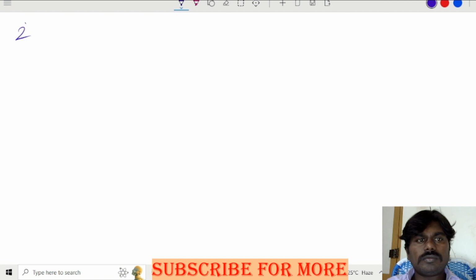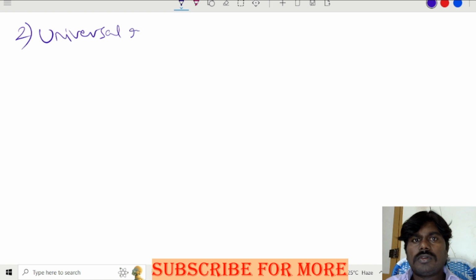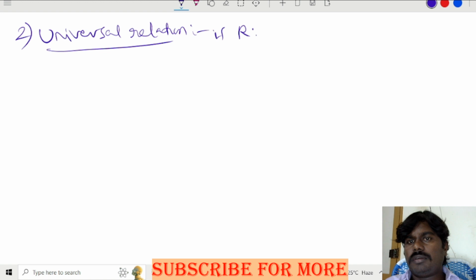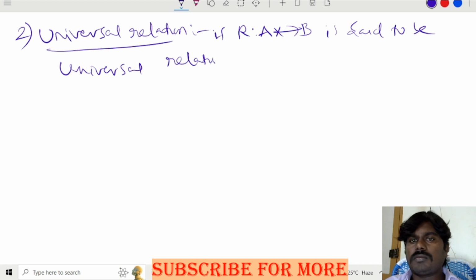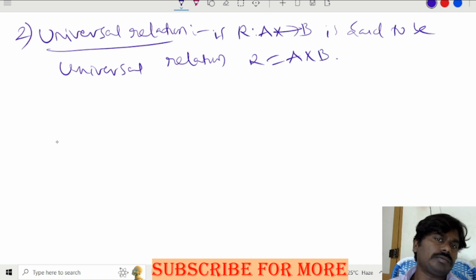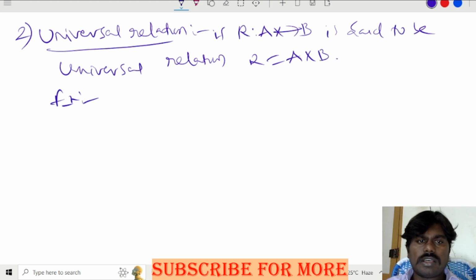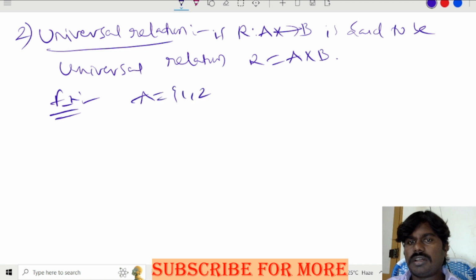Next, the universal relation. A relation R from A to B is said to be a universal relation if R is equal to A cross B. Okay, so here we will see an example. A very simple example: I am taking A is equal to 1, 2 and B is equal to 2, 3.